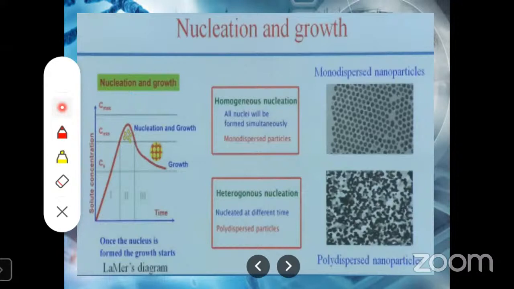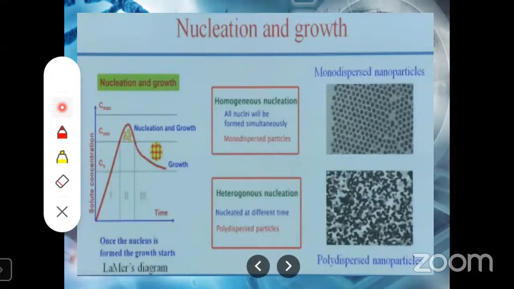If the nucleation is heterogeneous, it will be nucleated at different times. This is also called polydispersed particles, meaning they do not have uniform size.